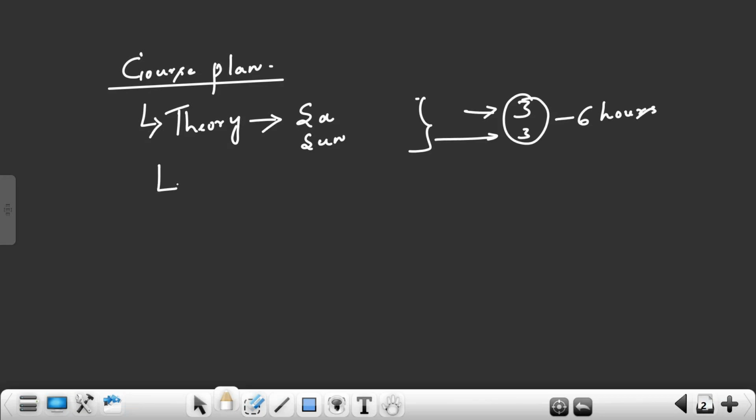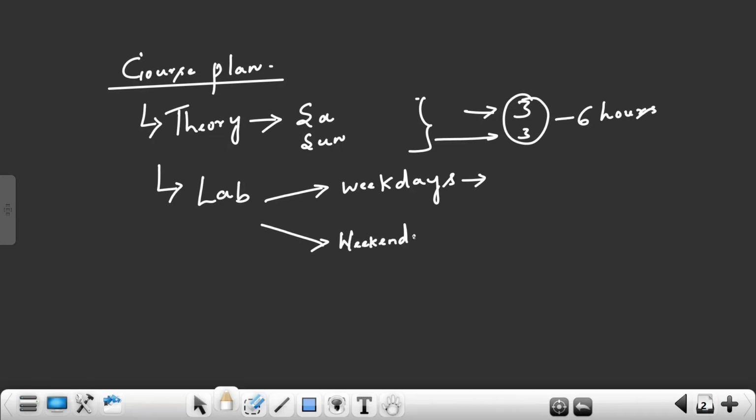Then you have lab. Lab happens on weekdays, for the candidates who can attend on weekdays. This also happens on weekends.